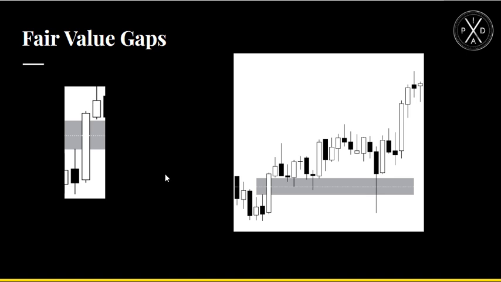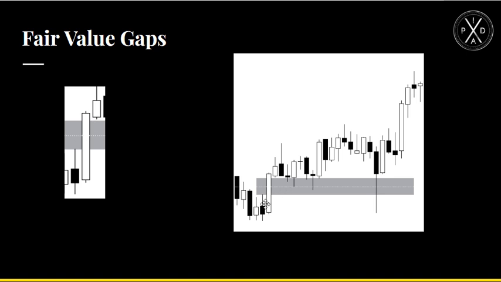And then a fair value gap is formed when the wick of candle number 1 doesn't touch the wick of candle number 3, or when the upper wick of candle number 1 doesn't touch the lower wick of candle number 3. That's when a fair value gap is created.